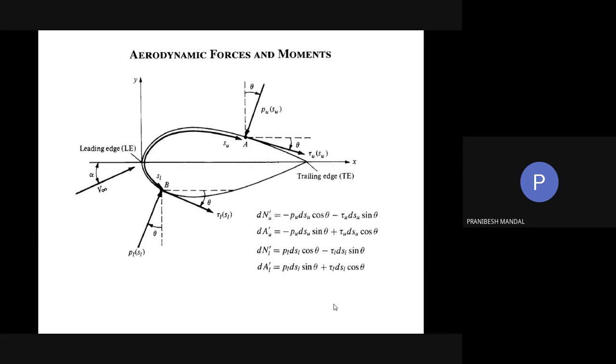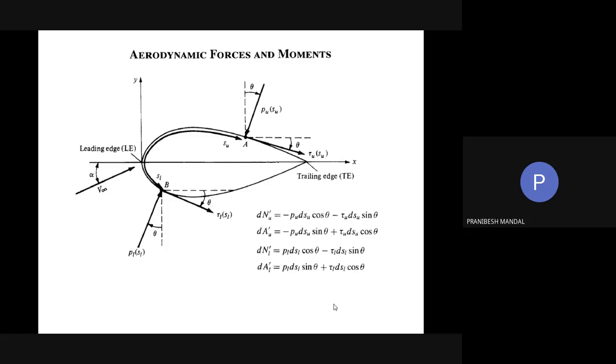Up to this, is it okay for you or not? Yes, sir. Anybody saying no? Sir, will the theta always be the same for all the four angles? No, no, no. That is a very good question, Saurav.